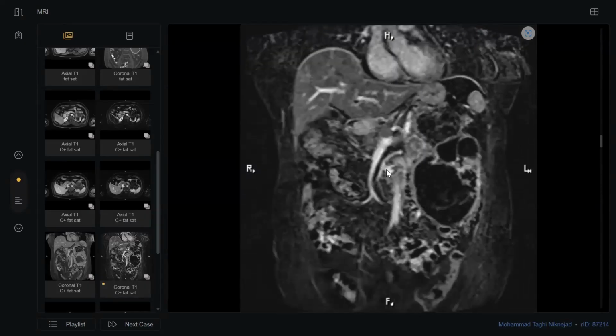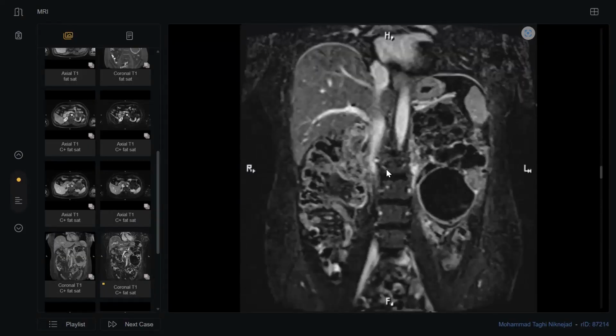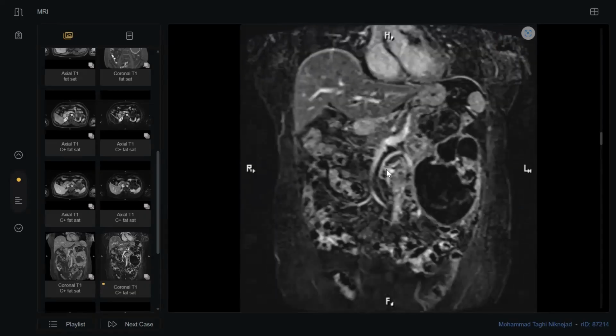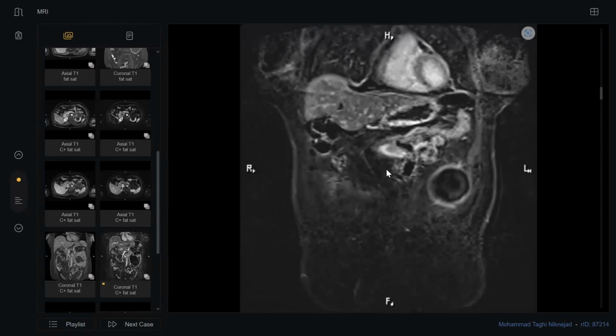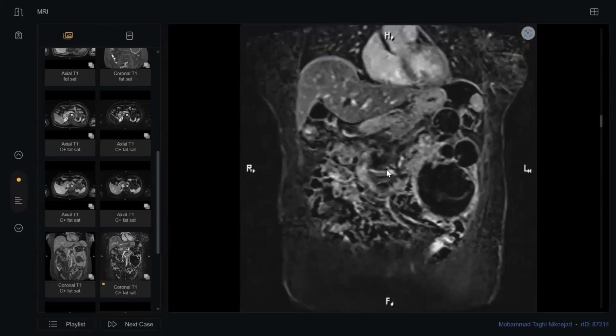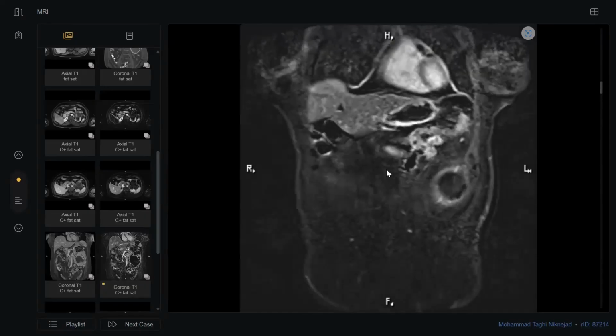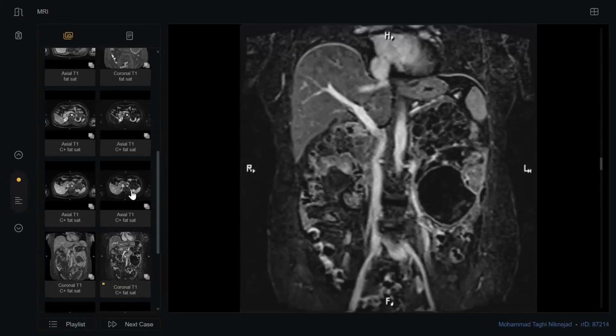So overall, this is a renal cell carcinoma, but this is a papillary type, and this is the trick of today's case. Papillary type is less enhancing than the kidney, in comparison to the clear type of RCC, which is hyperenhancing. That is the trick of today.